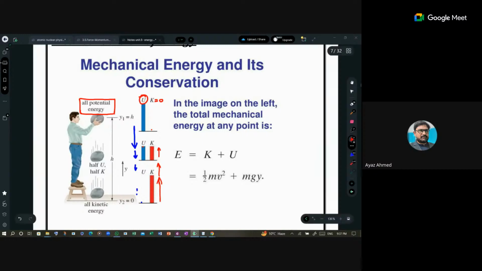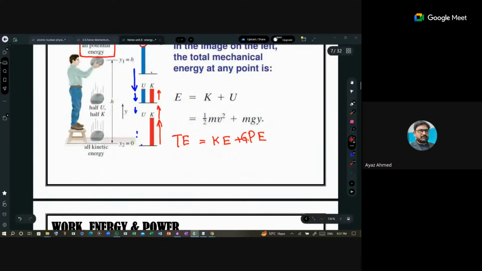So here, the total energy is equal to the kinetic energy of the system plus the gravitational potential energy of that body. Kinetic energy is 1 upon 2 mv square, and potential energy is mgh.